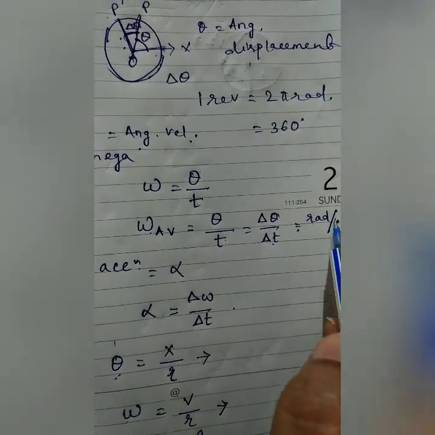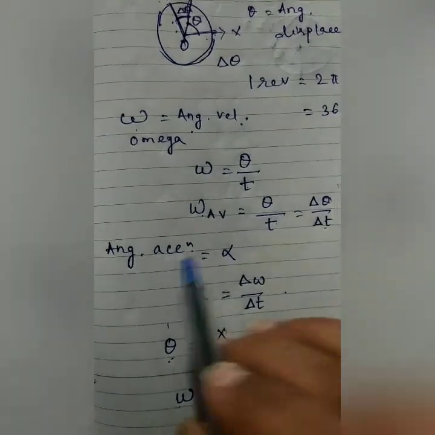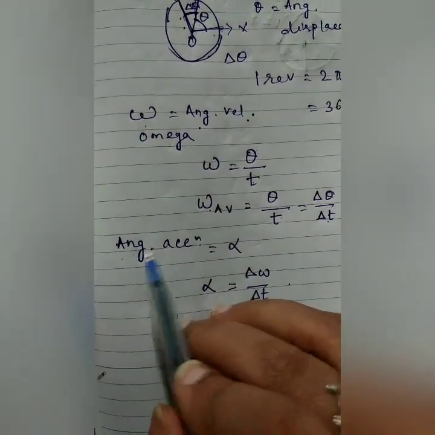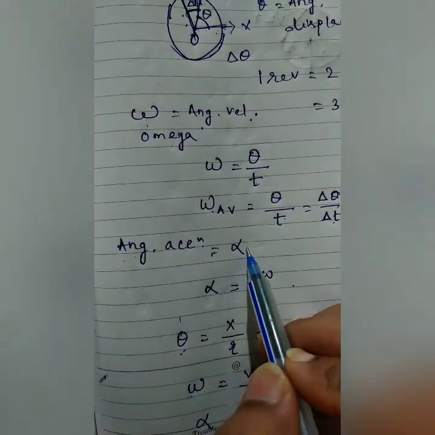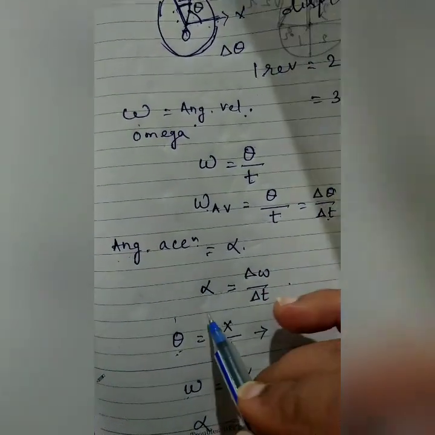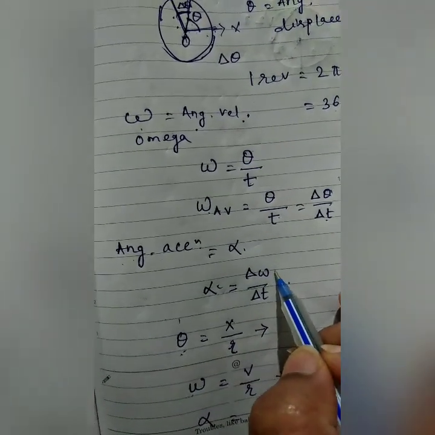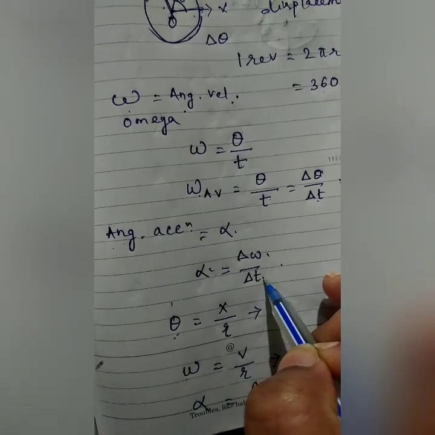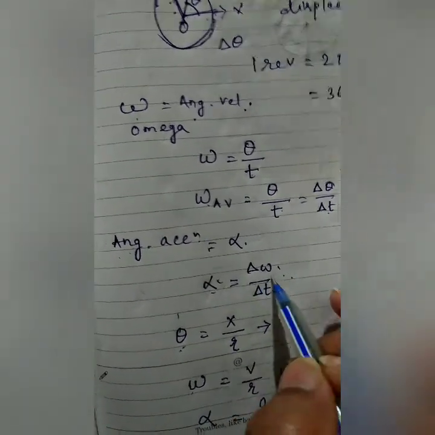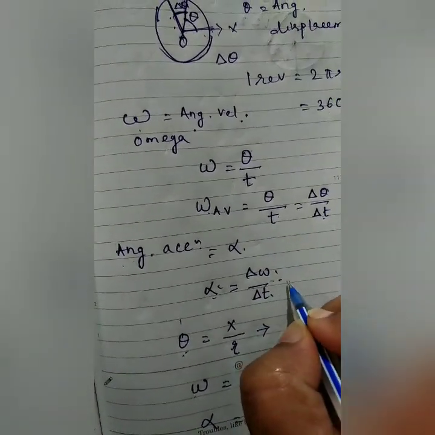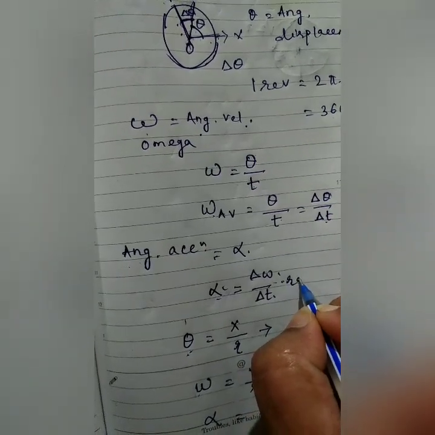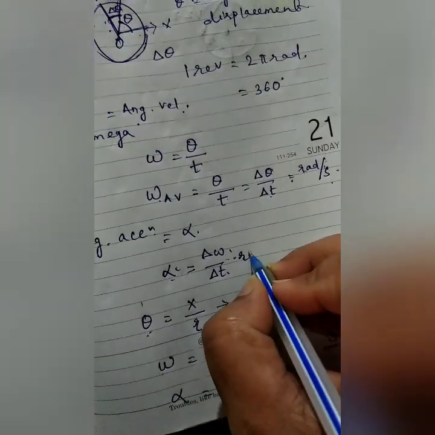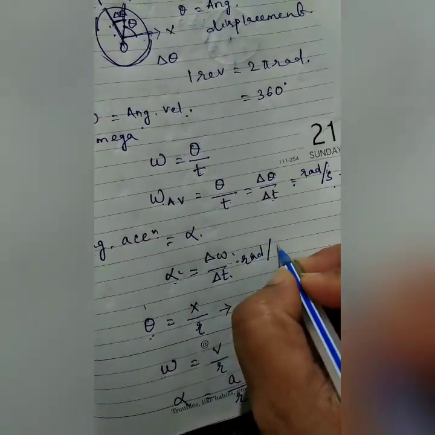The unit will be radian per second. In the same way we can find angular acceleration. The symbol is alpha. Alpha is equal to change in angular velocity by change in time. The unit will be radian per second square.